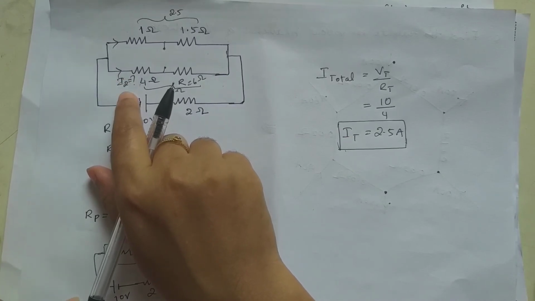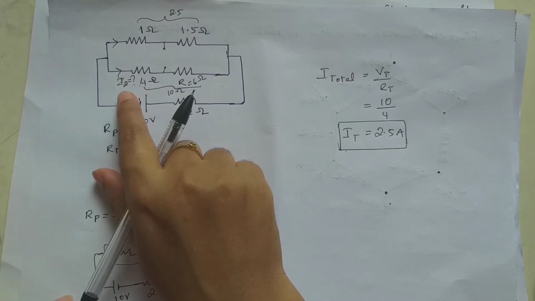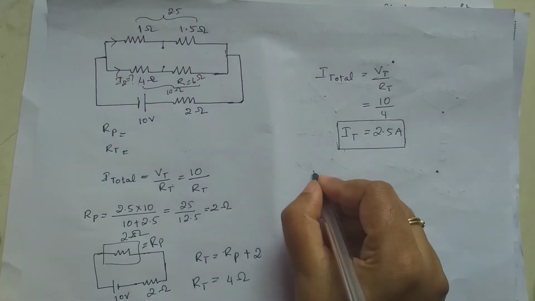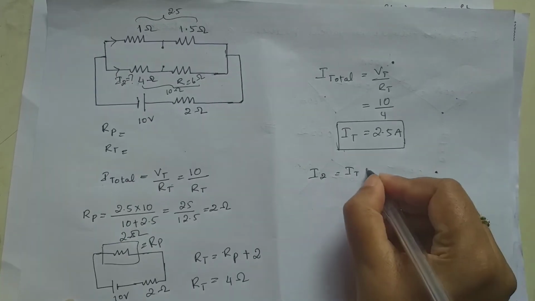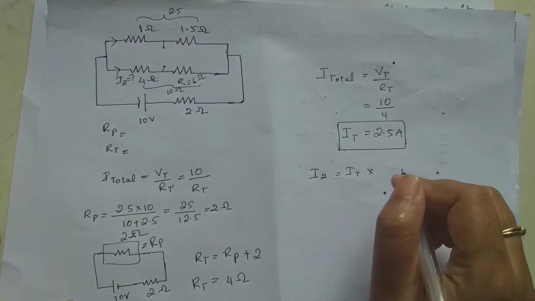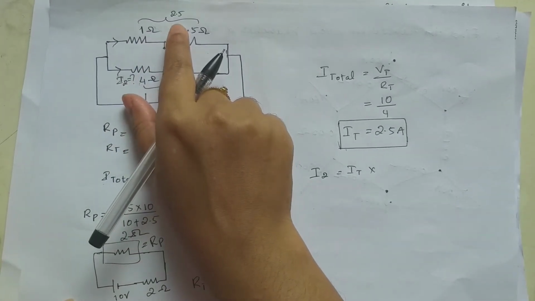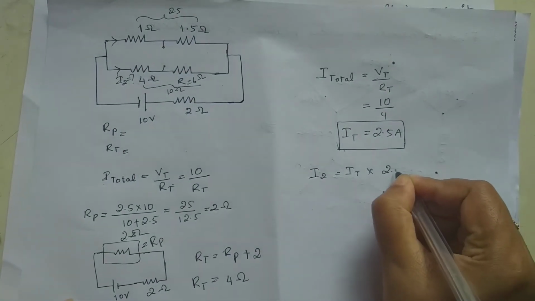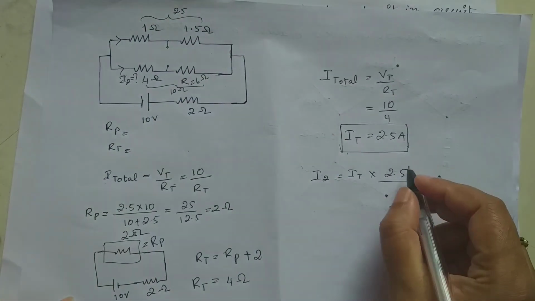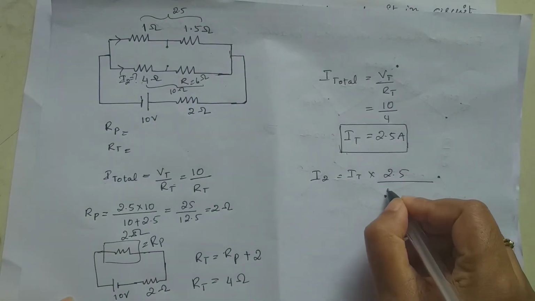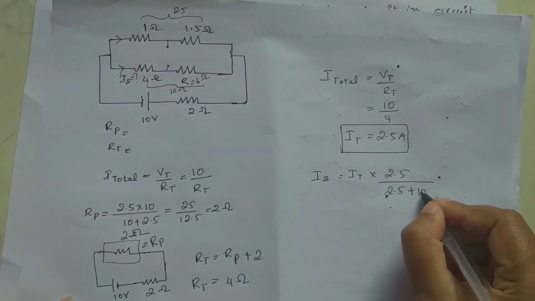Using the current division rule, we can find the value of I2. I2 is equal to I total into the opposite resistance, which is 2.5, divided by the sum of the resistances in the parallel circuit, so 2.5 plus 10 ohm.